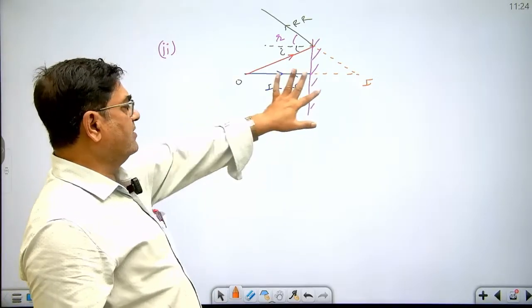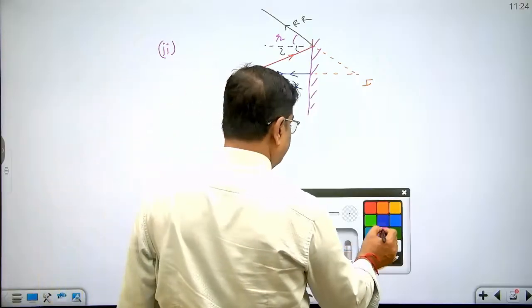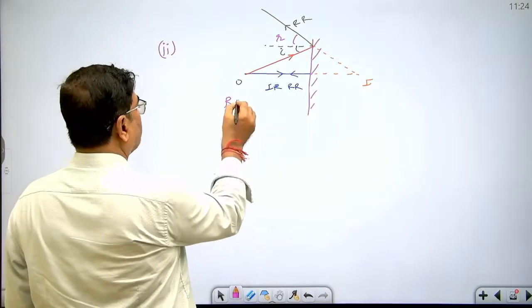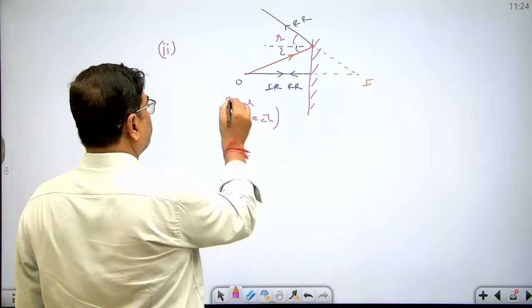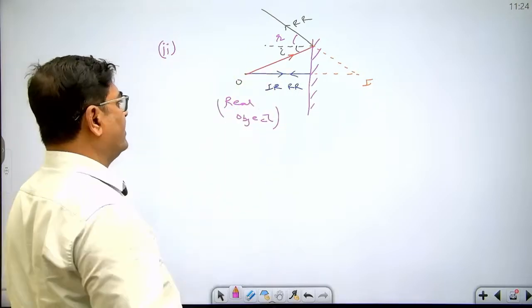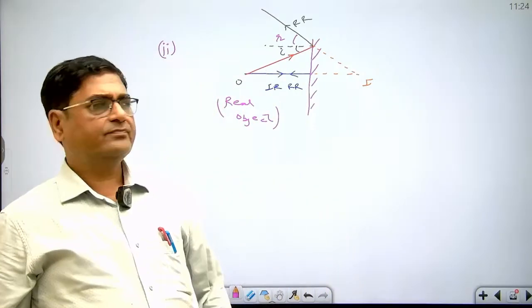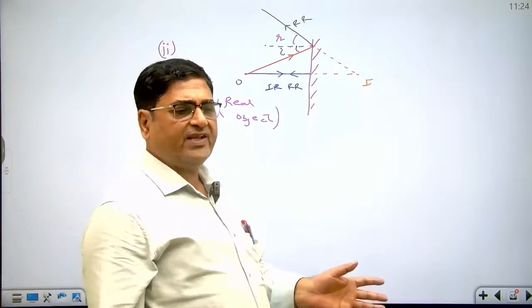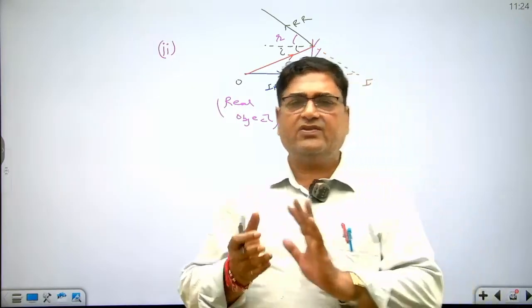For real object, the plane mirror forms virtual image. This is real object. Why real object? Any object in front of mirror is real object, or any image behind mirror is virtual image. Whether object or image, if it is in front of mirror, it is real. Whether object or image, if it is behind mirror, it is virtual.